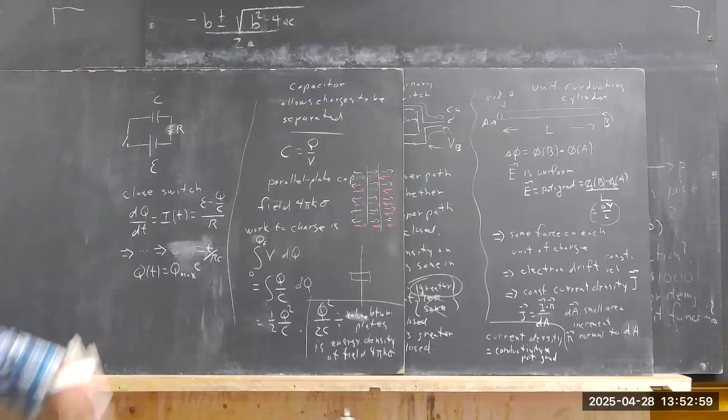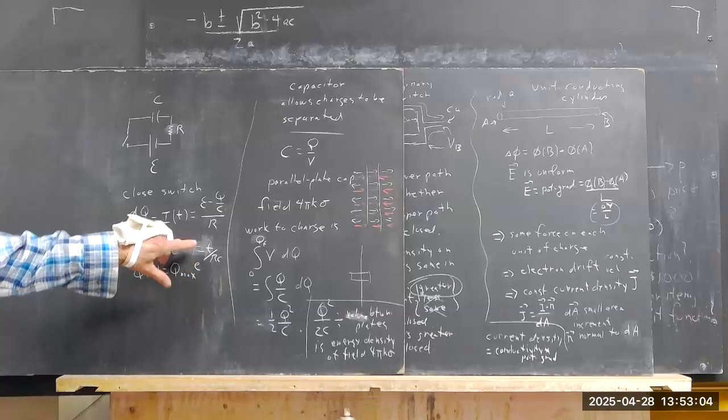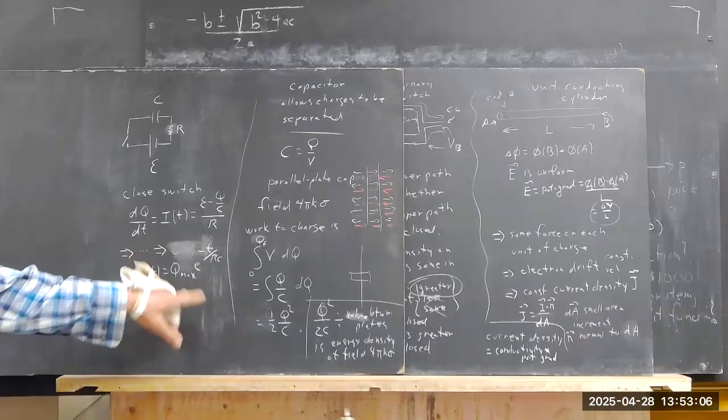It implies that Q is some Q max times e to the negative t over RC.